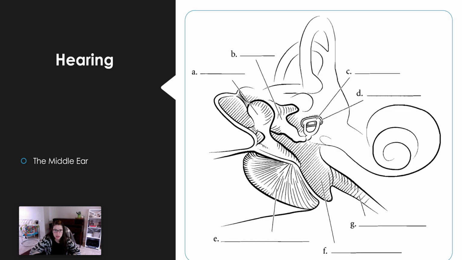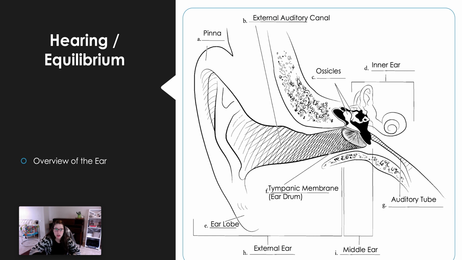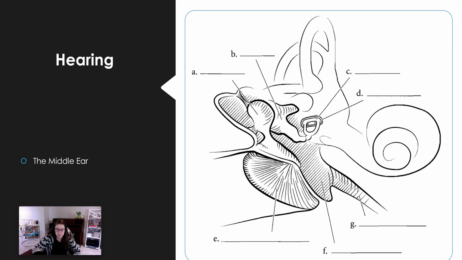All right, so let's just focus on the middle. As I said, here's the external portion of the ear. You have the pinna and the auditory canal. We are now picking up from the tympanic membrane or the eardrum and moving inward. Only these shaded parts are part of the middle ear.